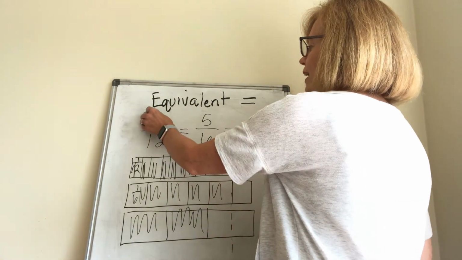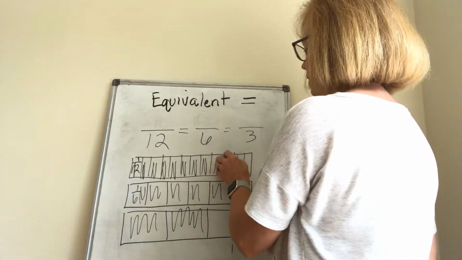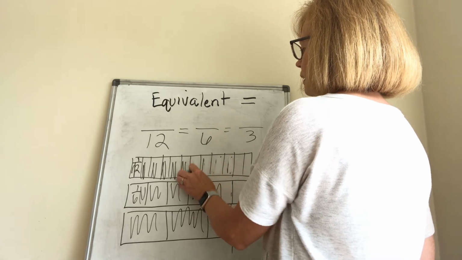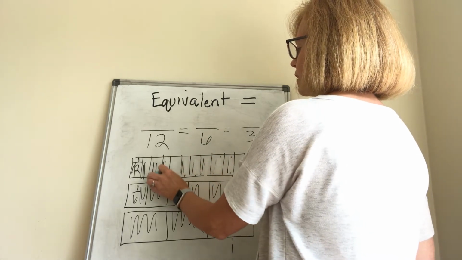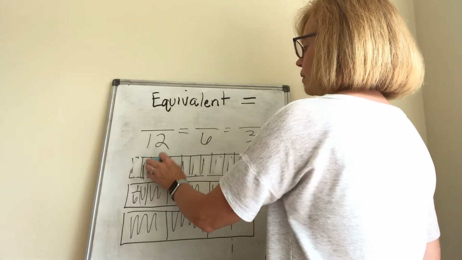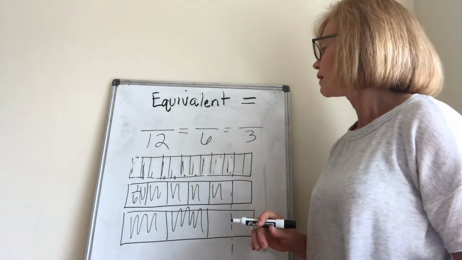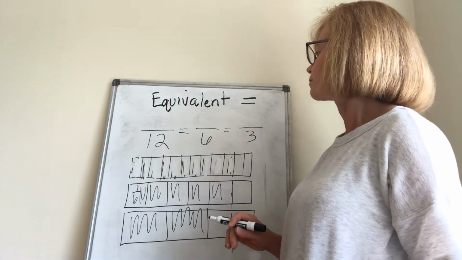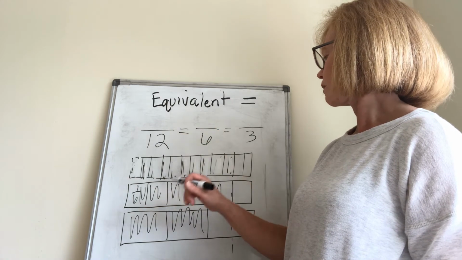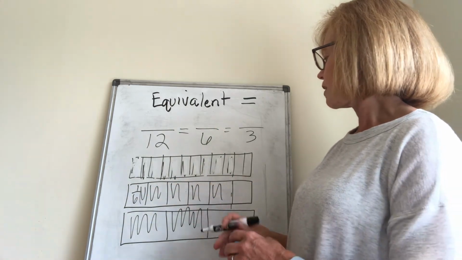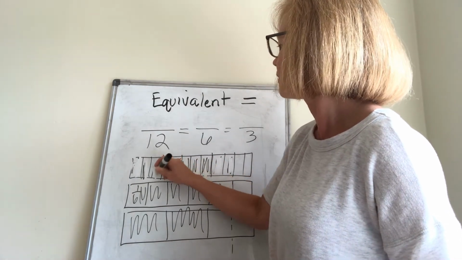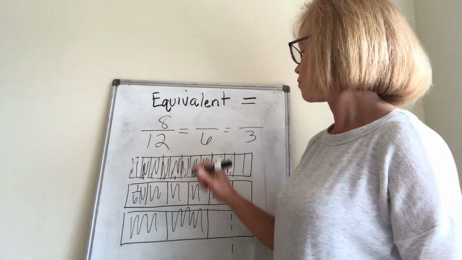But what happens if I changed my fraction a little bit? What happens if I wanted to be able to use 1, 2, 3, 4, 5, 6, 7, 8/12?